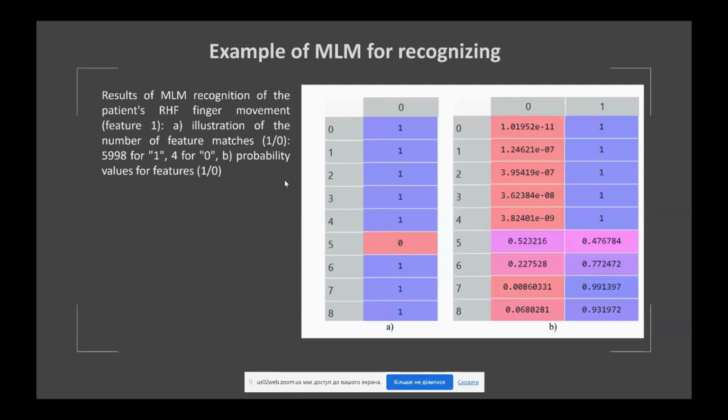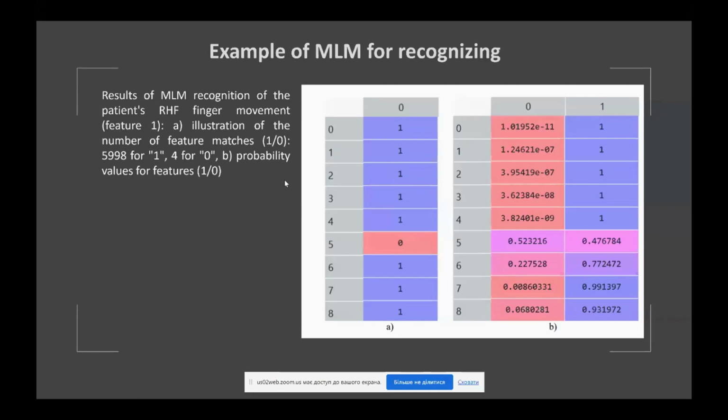Example for MLM recognizing the patient's RHF finger movement, feature 1. An illustration for the number of feature matches, 1 or null.